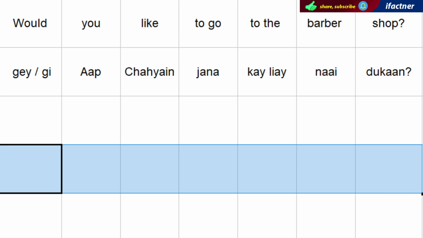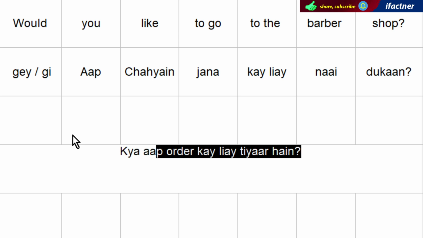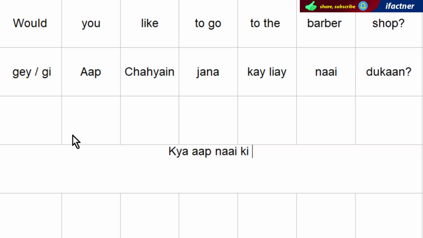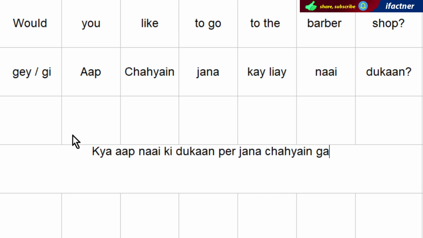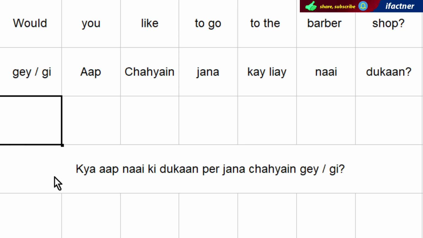So in Roman Urdu and Hindi, we start our question with kya, and then comes the subject aap, and then comes the object nai ki dukan, and we can say par jana chahenge for male and chahengi for female. क्या आप नाई की दुकान पर जाना चाहेंगे? Would you like to go to the barber shop?